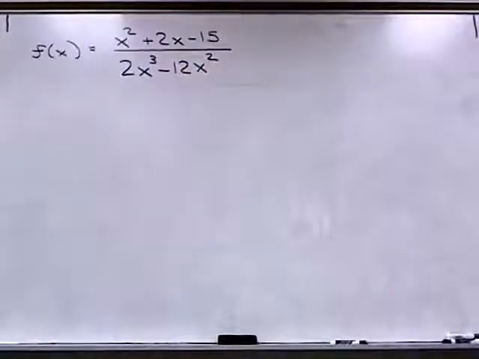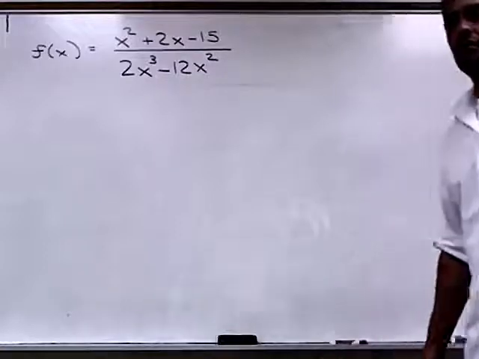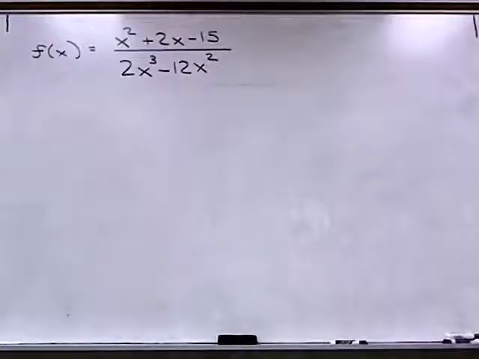Now we're talking. We have a polynomial divided by a polynomial. It's a rational function. First step is to find the x-intercepts.